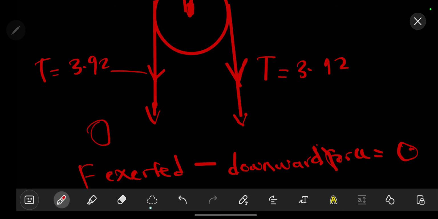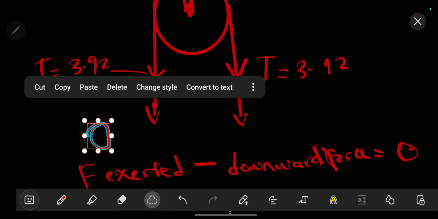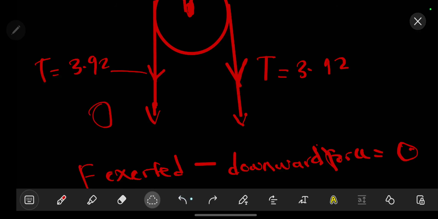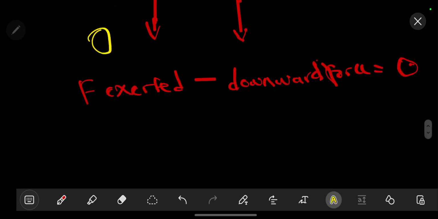So as a result, since it is just stationary at one point, the upward and the downward force must be equal to 0.